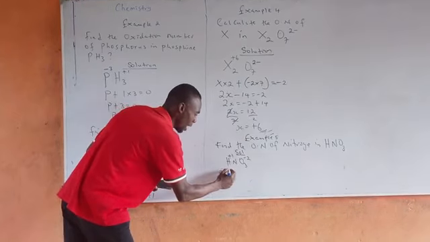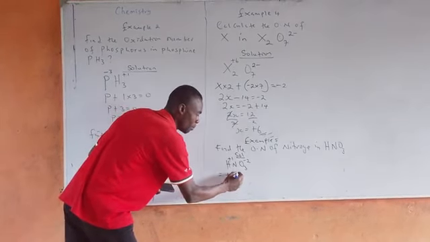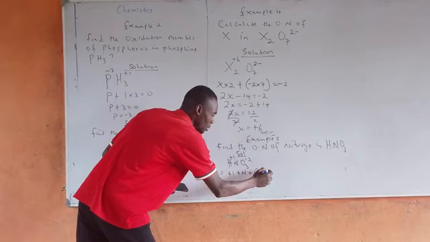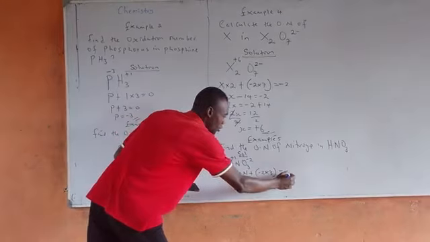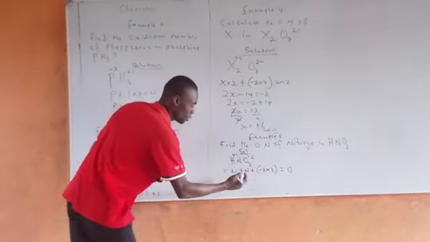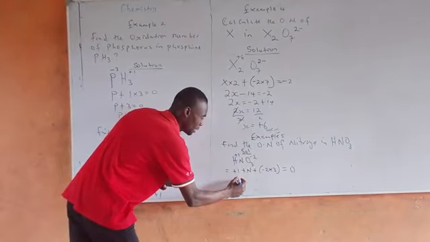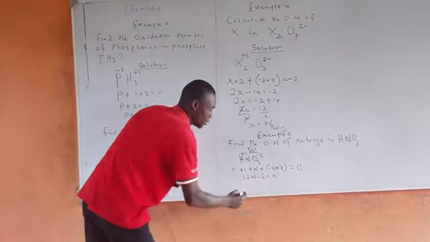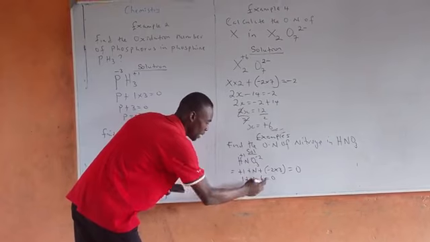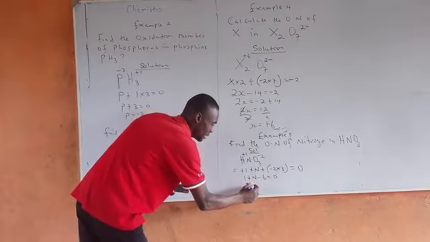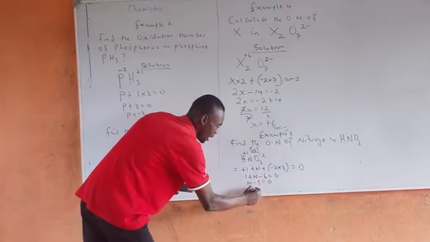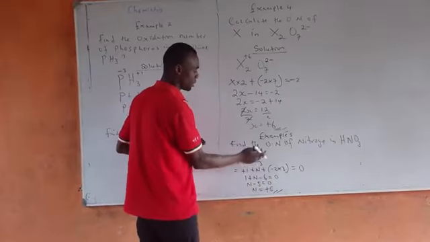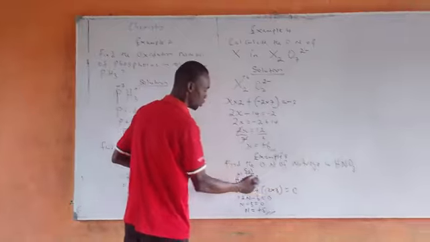You say 1 plus N plus -2 times 3 is equal to 0. Now you are going to have 1 plus N minus 6 is equal to 0. Meaning that this minus this will give you -5. You have N minus 5 is equal to 0. N is equal to +5. Now the oxidation number of nitrogen in this compound is going to be +5.